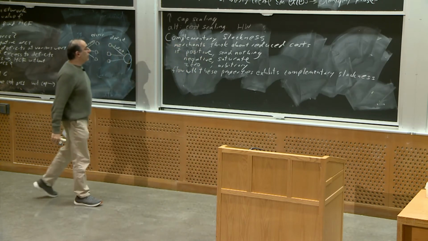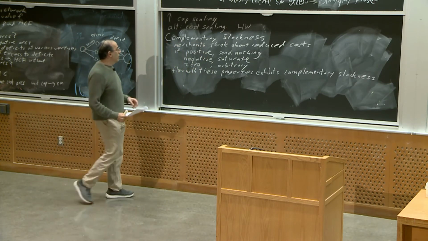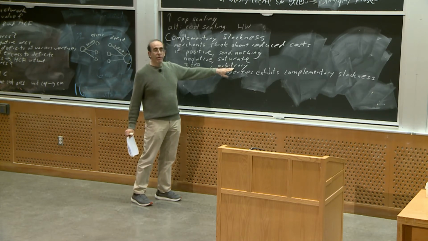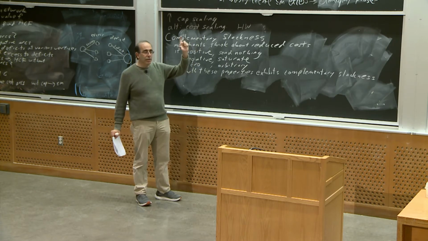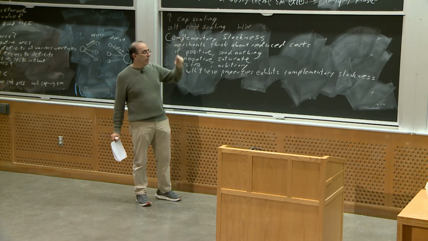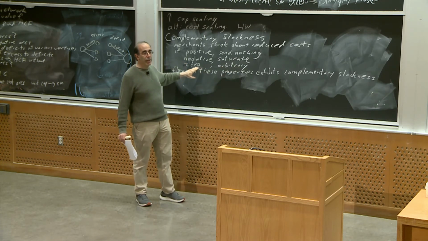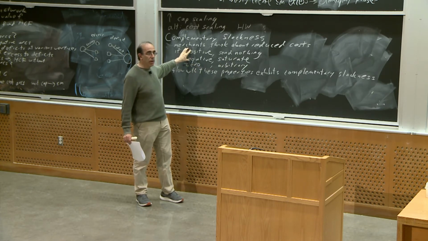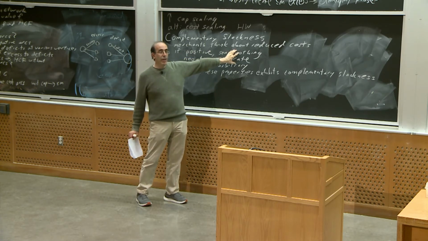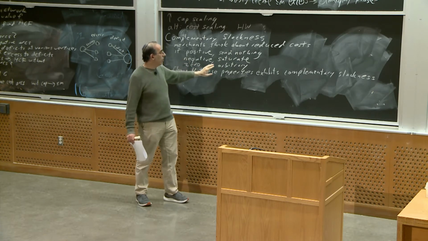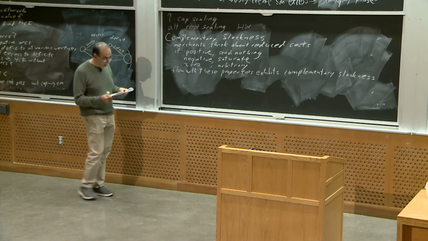Okay, and the meaning of this complementary slackness is that the only time where the value of the flow is not pinned to one of its limits is when the cost is 0. So in a sense, the flow value is complementary to the costs. If the costs are non-zero, then the flow value is pinned on one end or the other. If the cost is 0, then the flow value can be arbitrary.